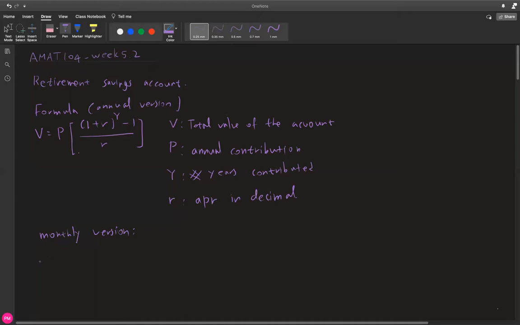And that is given as such. So V equals capital M multiplied by (1 plus R divided by 12) to the power of T, minus 1, and you divide everything by R over 12.